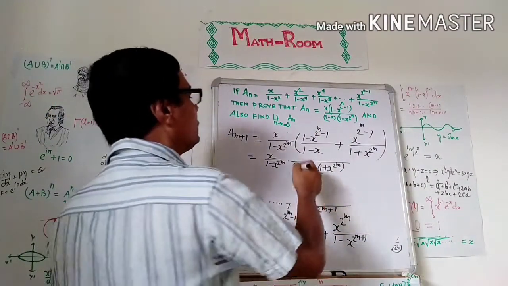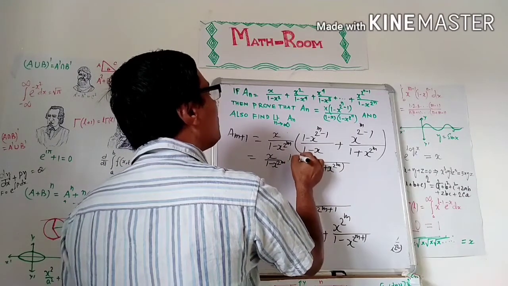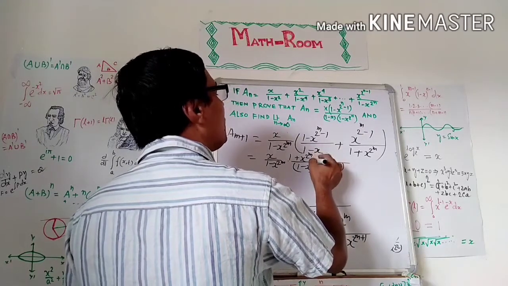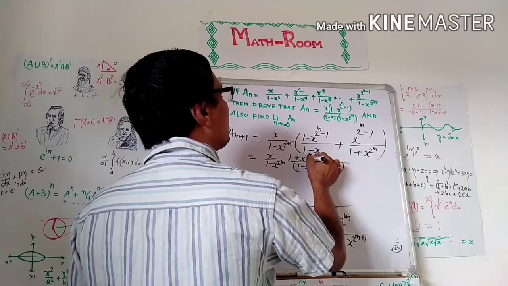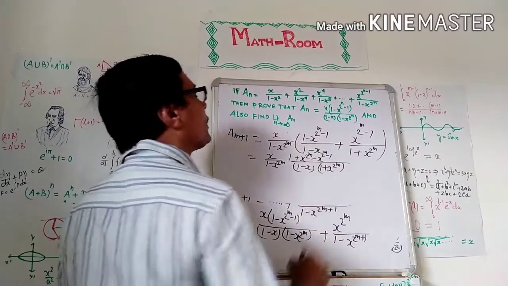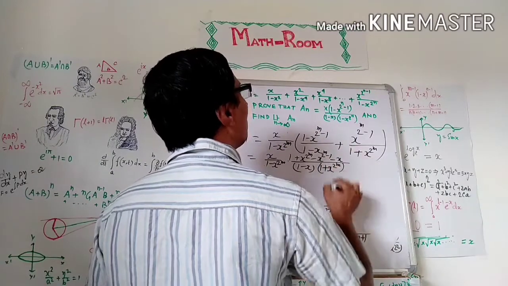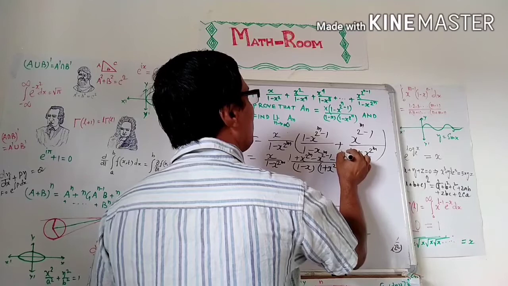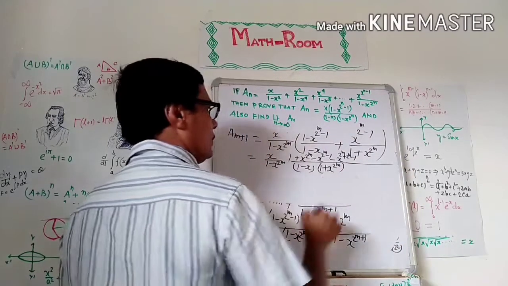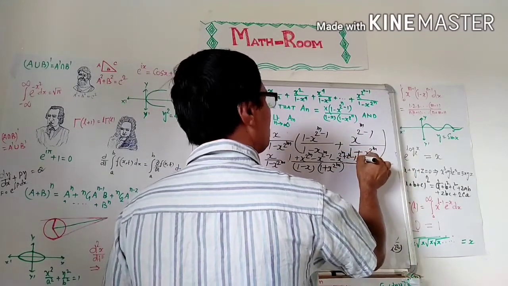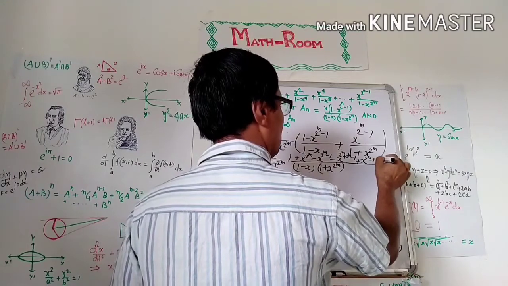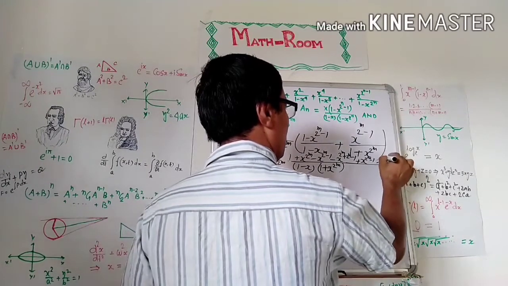We get 1 plus x to the power 2 to the power m, 1 minus x to the power 2 to the power m minus 1, minus x to the power 2 to the power m plus 2 to the power m minus 1, plus x to the power 2 to the power m minus 1 minus x to the power 2 to the power m.